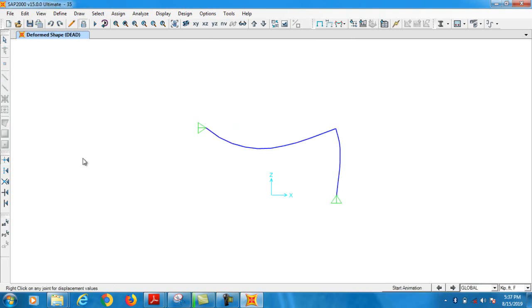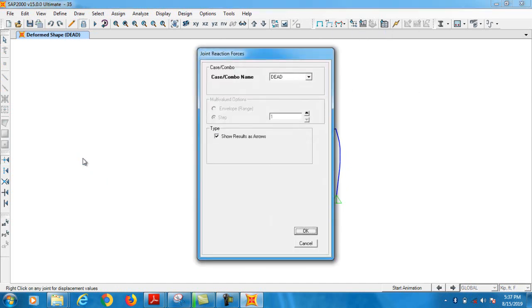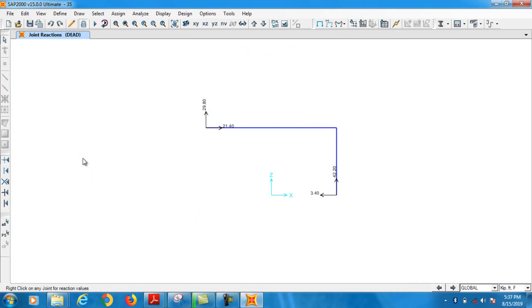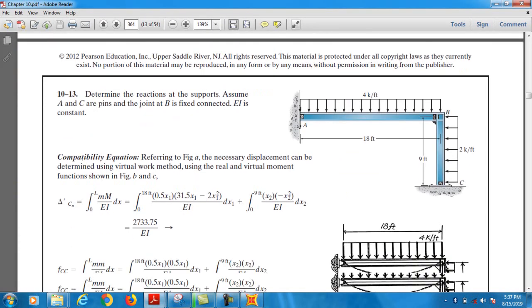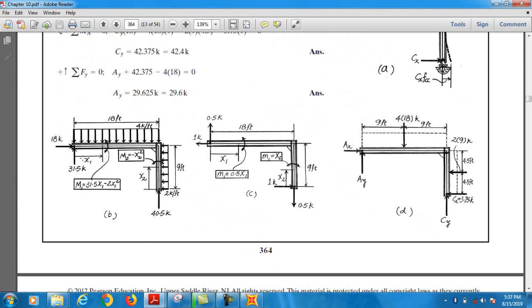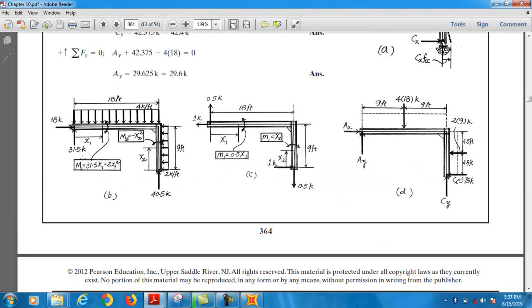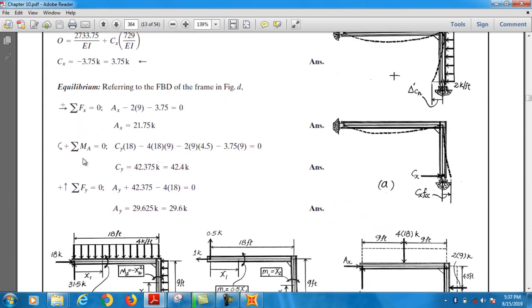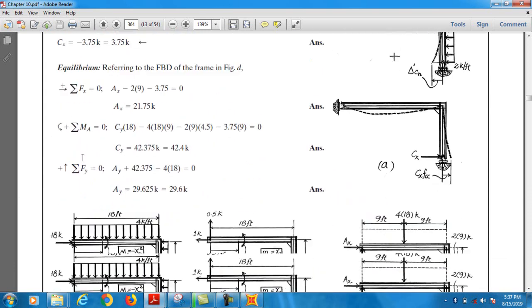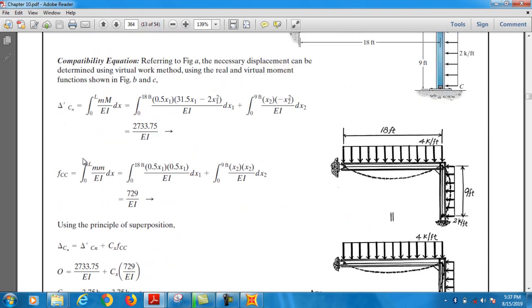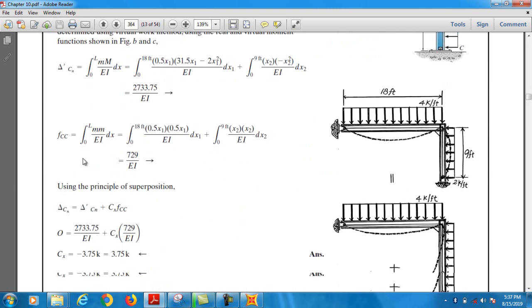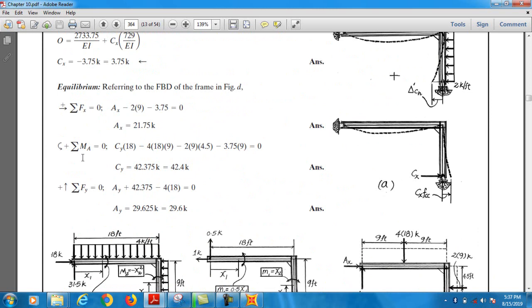Here we go. This is the deflected shape. We need joint reactions. Let me check them. The joint reactions are A and C. We need AX, the horizontal, and AY, the vertical.